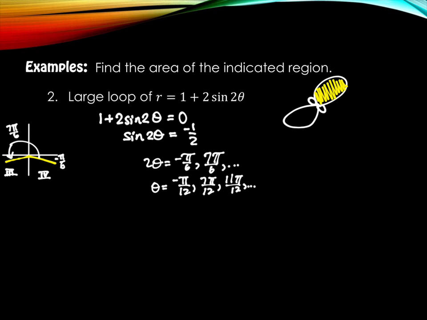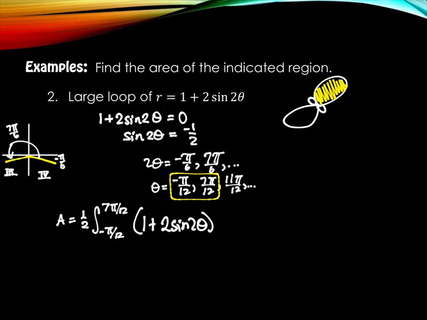So these are the 2 that I want for my limits of integration. All right, so my area then is 1/2 the integral from negative pi over 12 to 7 pi over 12 of 1 plus 2 sine 2 theta squared d theta. Is that okay for everyone?